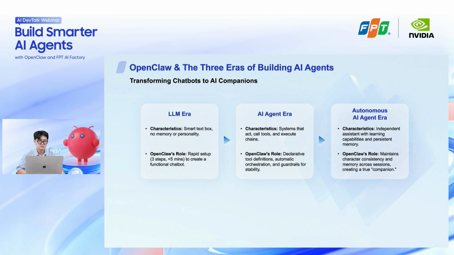Next, to understand what OpenClaw is really for, I need to zoom out and talk about what I call the 3 eras of AI. This is quick, but let's go through it. The first era, the LLM. This is the smart text box.